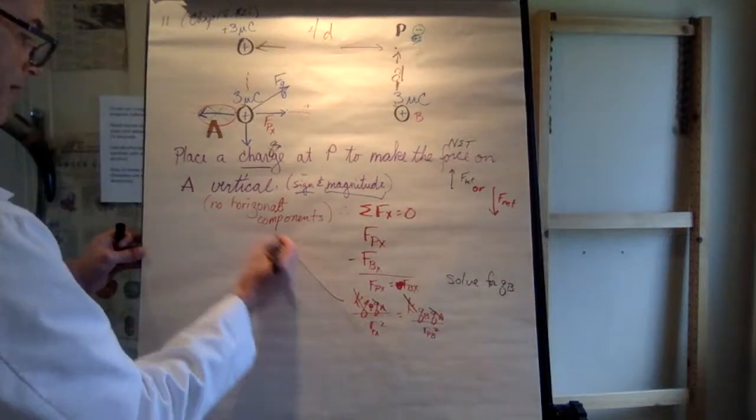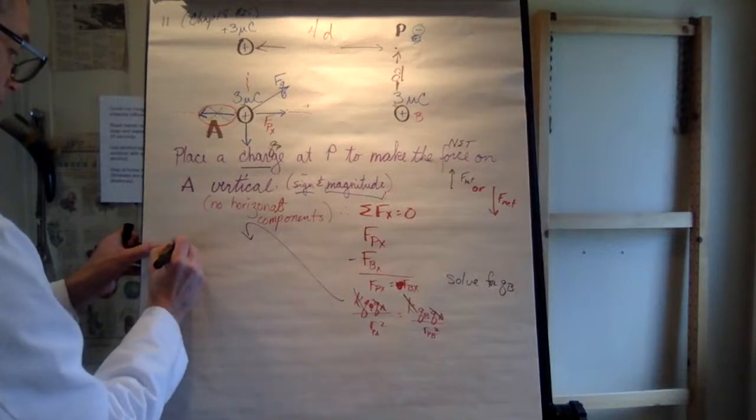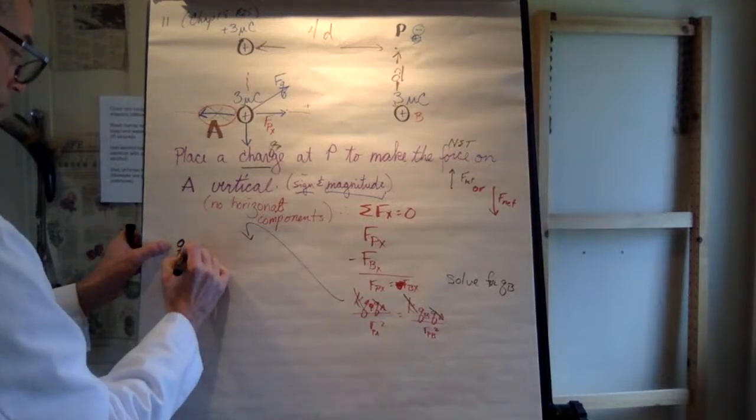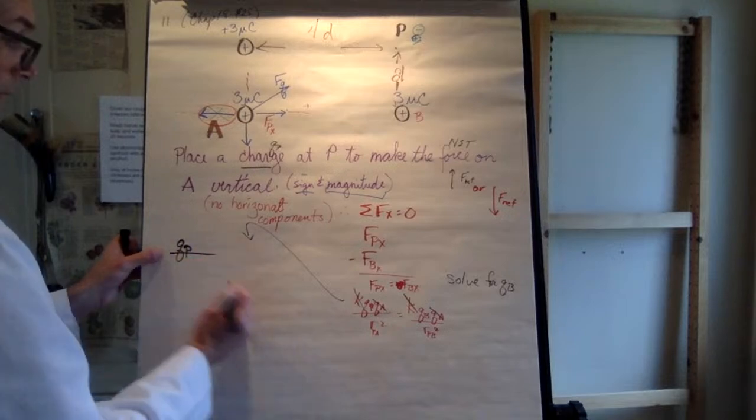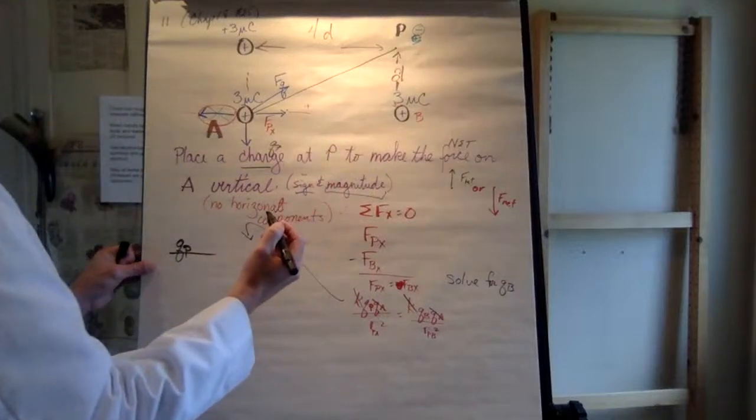I'm gonna bring this up here because I've got more space. So let's see what we got. I end up with QP. The radius from P to A is this distance here. Oh, Pythagoras.